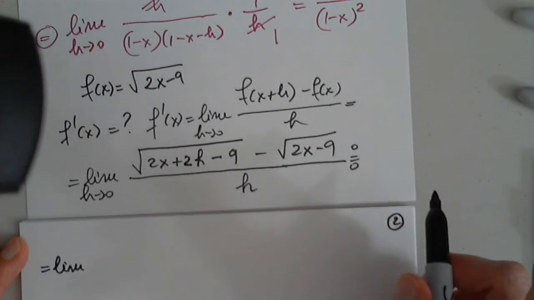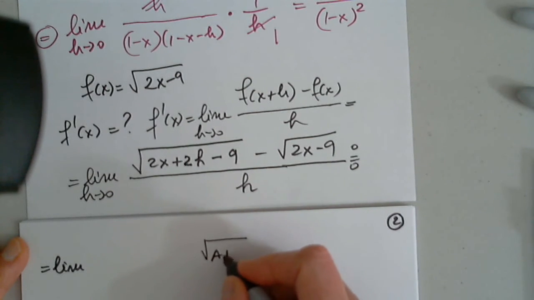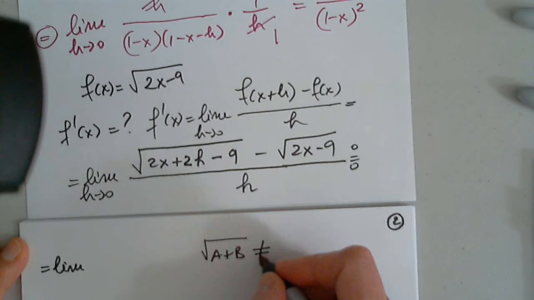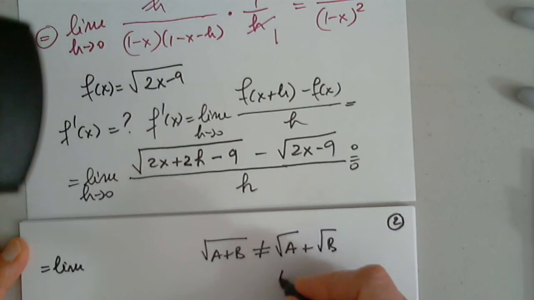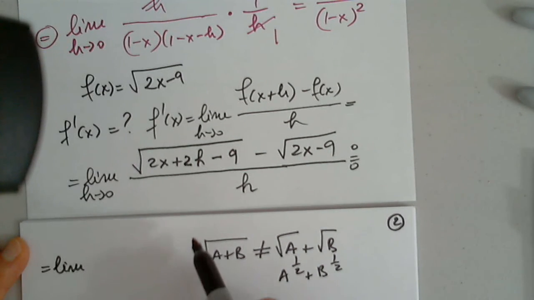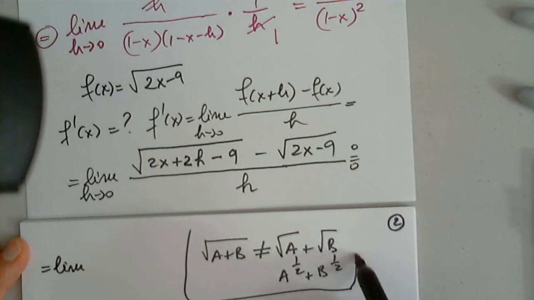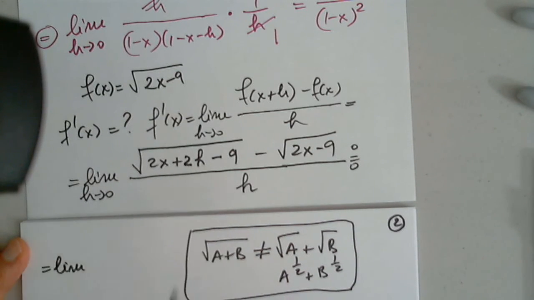Good point. Let me talk about it. The square root of a plus b does not equal the square root of a plus the square root of b, which would be a to 1/2 and b to 1/2. So please be careful. The square root of these three terms cannot be simplified. It's carved in stone. You cannot change anything there.